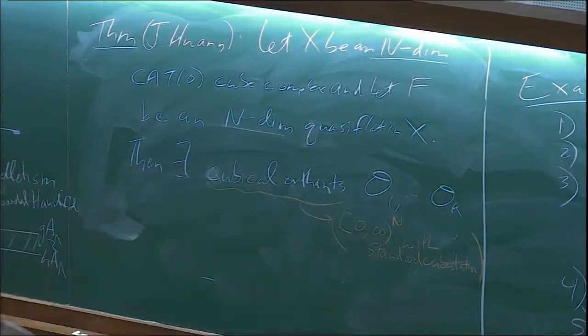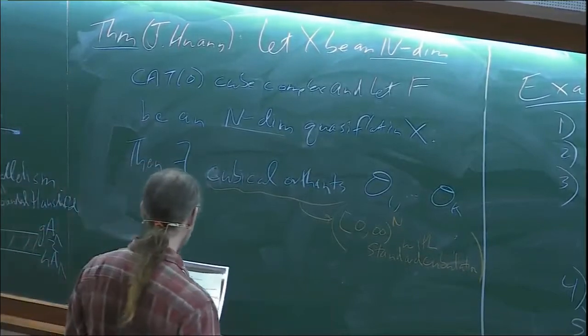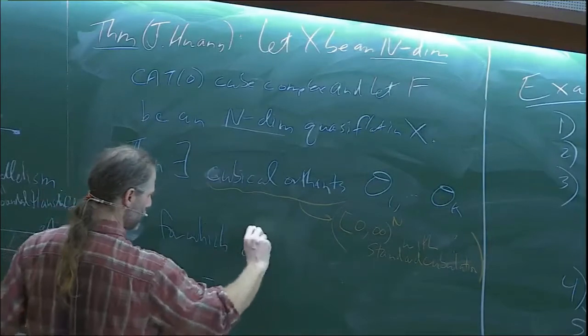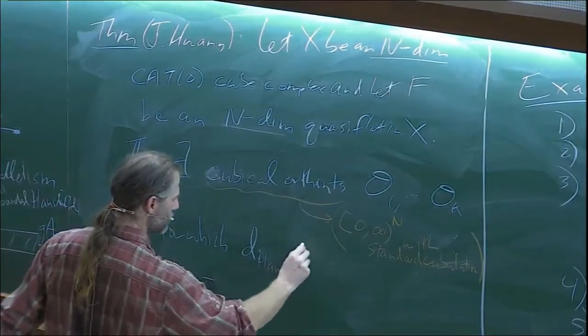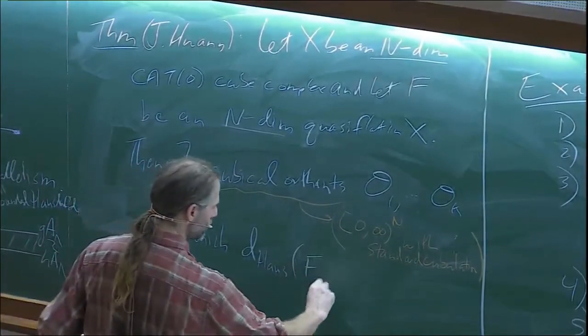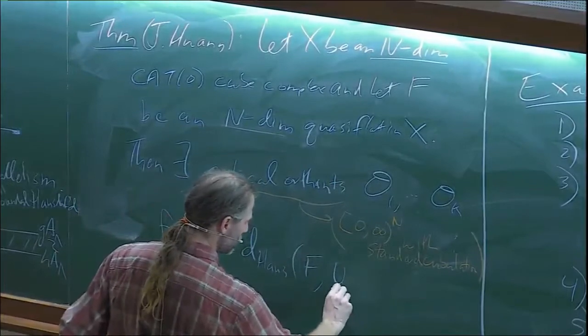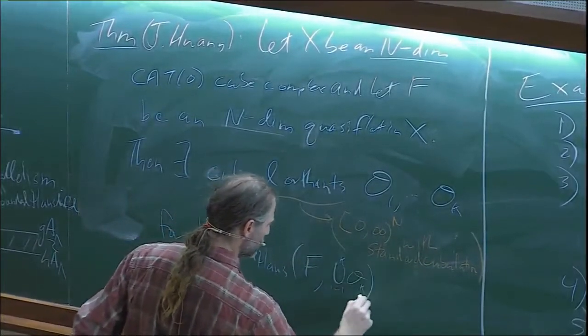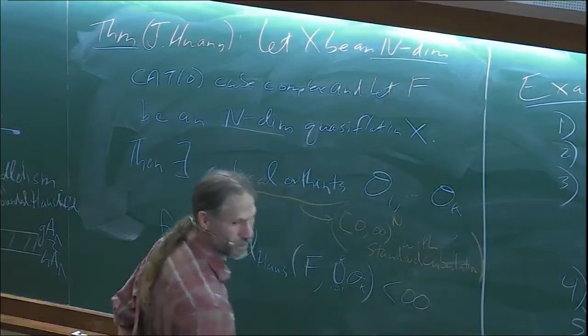Okay, so there exists some finite collection of cubical orthants for which the Hausdorff dimension of F and the union from i equals 1 to k of these orthants is bounded.